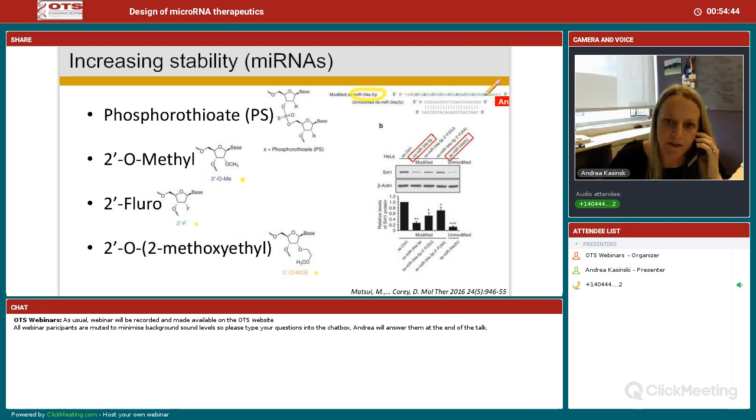The S's in here dictate whether or not there's a PS linkage. And they compared this fully modified miR-34 to a standard double-stranded microRNA mimic that you might get from one of the standard biotech companies. And what was really exciting was that the fully modified miR-34 was able to downregulate its target nearly as well as the unmodified duplex.